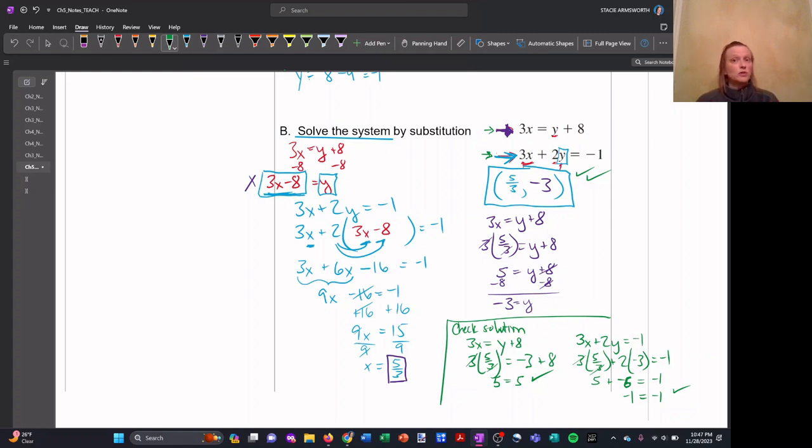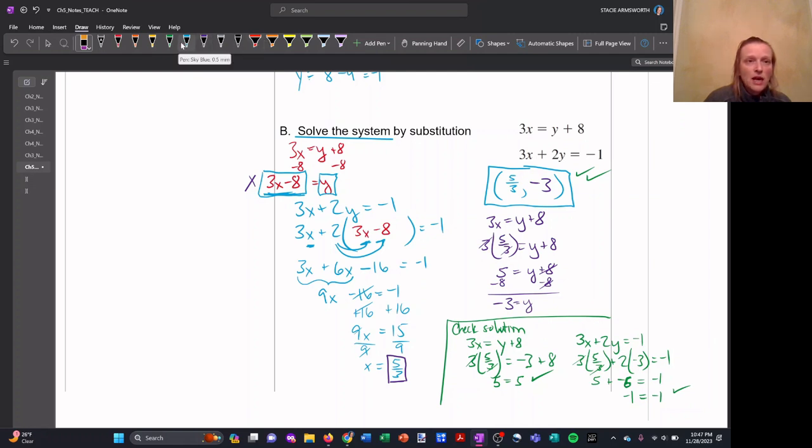Now, I told you at the start of the problem that there was a slightly simpler way to approach this example. I'm just going to erase some of my stray marks here. The slightly shorter way to do this problem happened at the very first step.